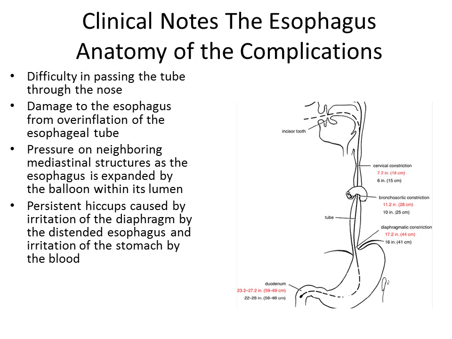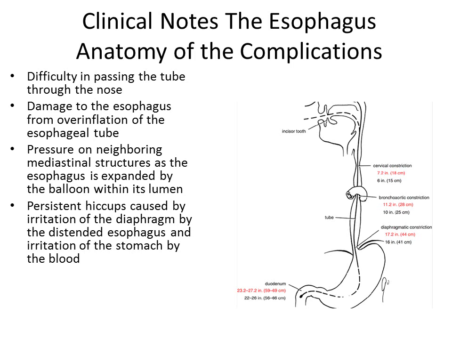Anatomical complications: it may be difficult to pass the tube through the nose; there may be damage to the esophagus from overinflating the esophageal balloon; pressure on neighboring mediastinal structures; and persistent hiccup caused by irritation of the diaphragm by the distended esophagus and irritation of the stomach by the blood.